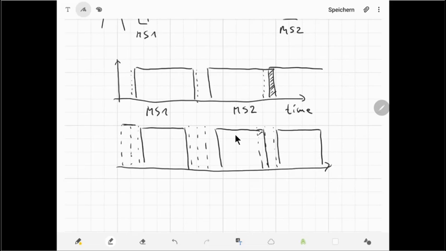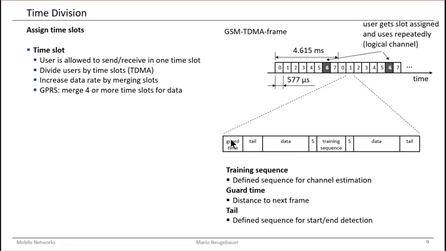So, like here in this case, it is a little bit longer than the actual end, but due to the guard time, it does not lead to a collision with the next packet. The next packet starts earlier again than this second packet, but it does not lead to a collision because of the guard time. So this is the meaning of the guard time here in our GSM-TDMA frame in the burst definition for our GSM transmission.